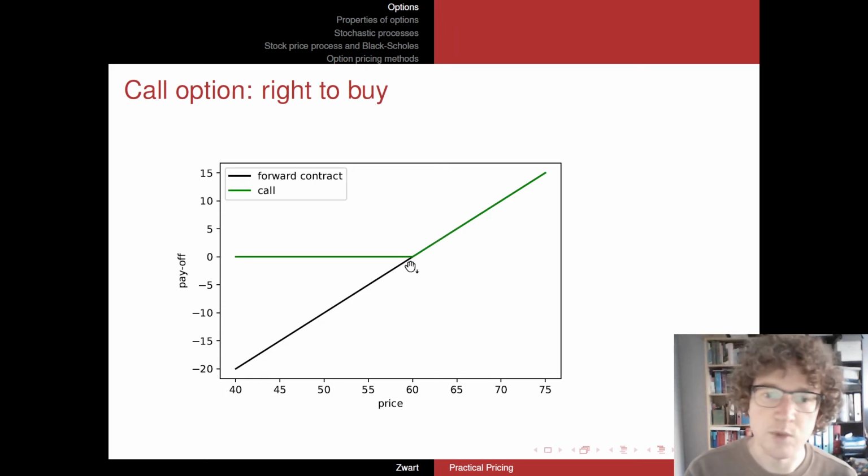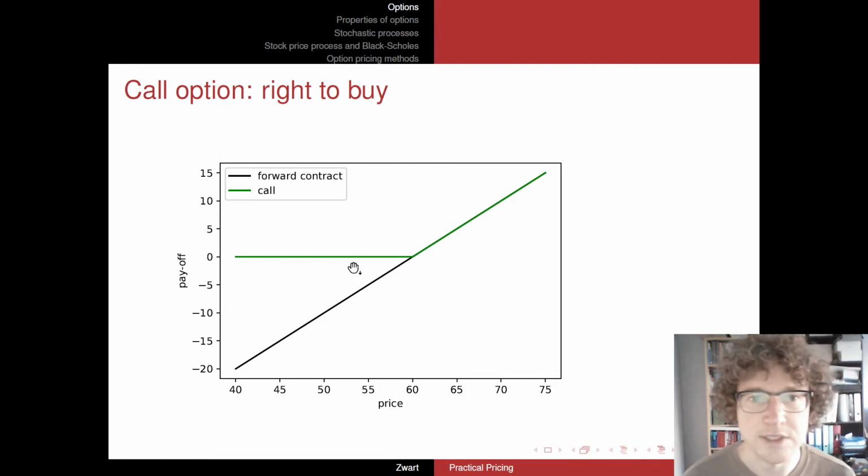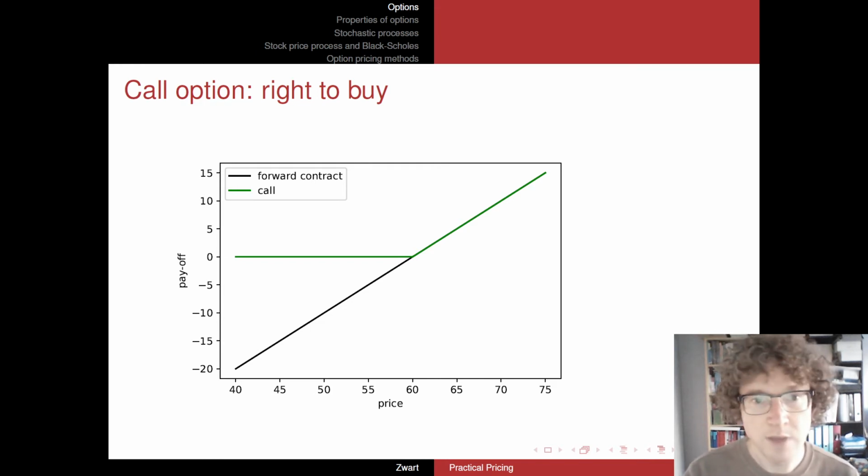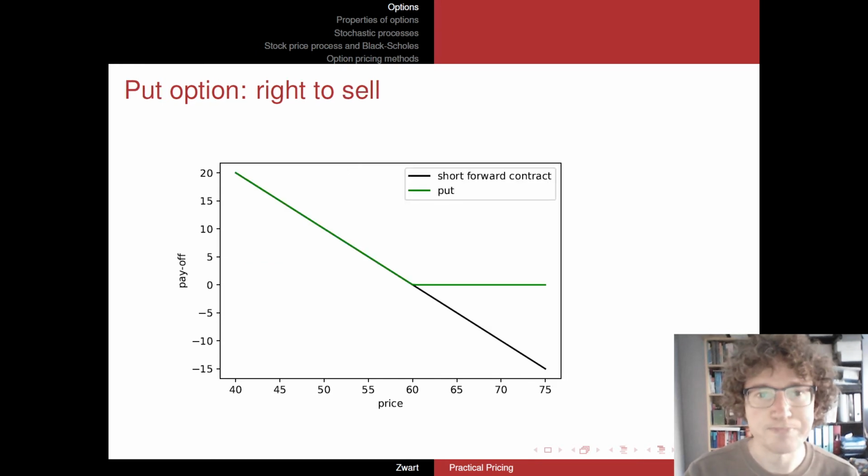But if this stock is worth less than the 60 euros, then I'm not going to use this call option. Rather, I'm going to let it expire without using it, making zero payoff at that point in time. So this is a call option. A call option is the right for me, but not the obligation, to buy this stock, this share from you.